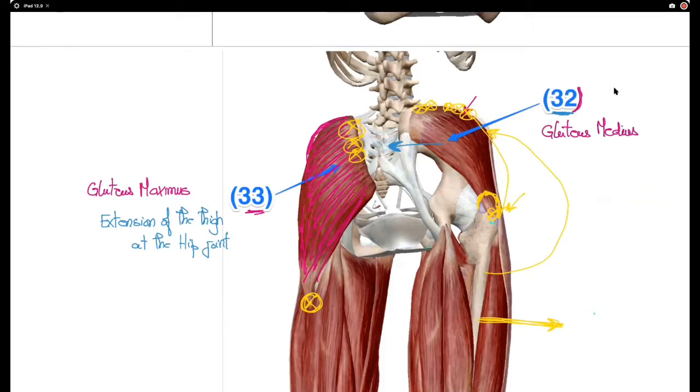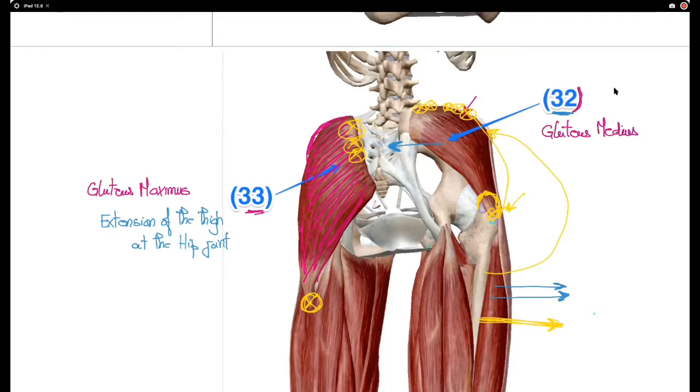What do we call the movement when the thigh moves away from the midline? If I'm moving towards the midline, it's like adding. But if I'm moving away, I'm performing abduction.